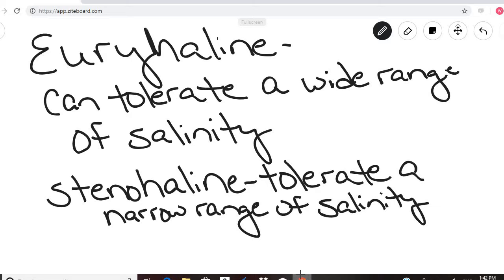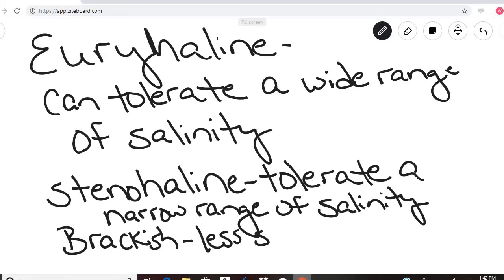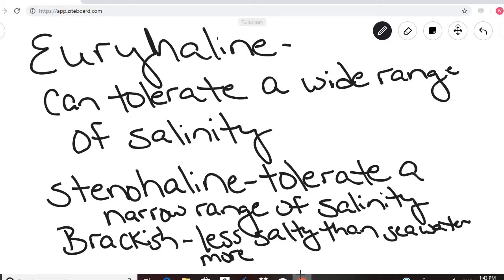And then lastly, a term that maybe you've heard is called brackish. And brackish is a condition that is less salty than seawater. It's kind of in between seawater and fresh water: less salty than seawater, but more salty than fresh water.